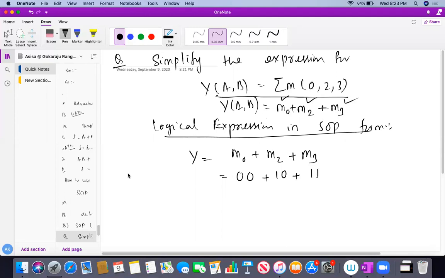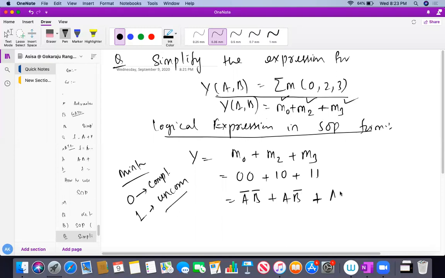What I told you in min terms is that 0 means it's in the complement form, 1 is in the uncomplemented form. So just put it. It's in the variables A, B. So A bar, B bar. So this is A, B bar, and finally 1, 1 means uncomplemented form, A, B. So this is actually the logical expression in SOP form.